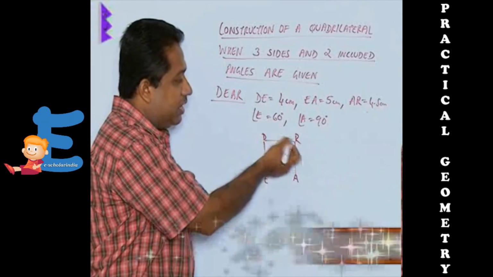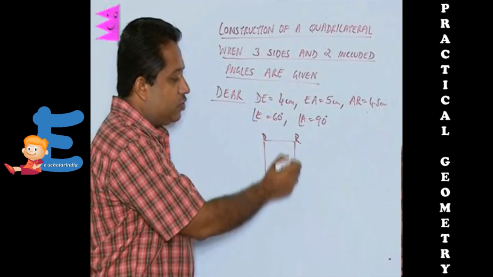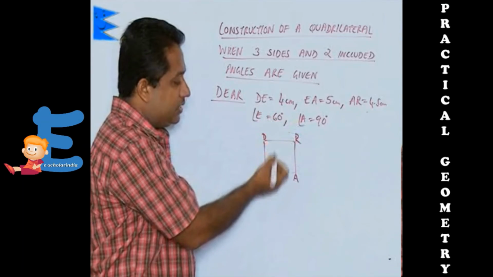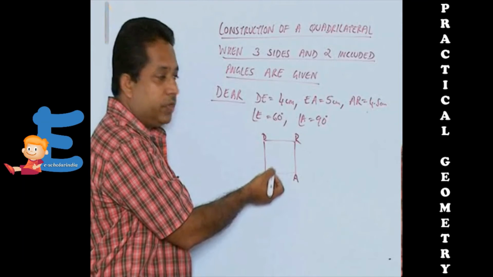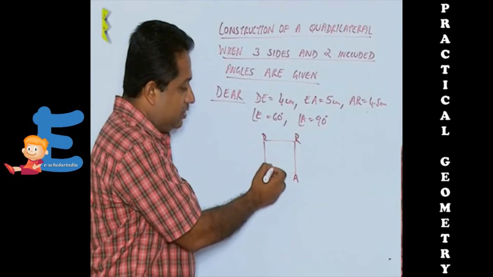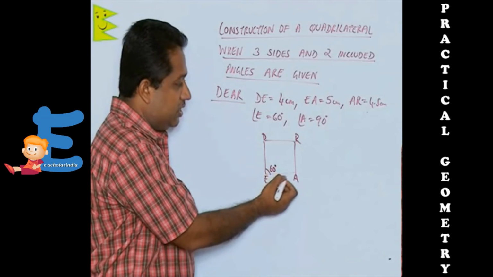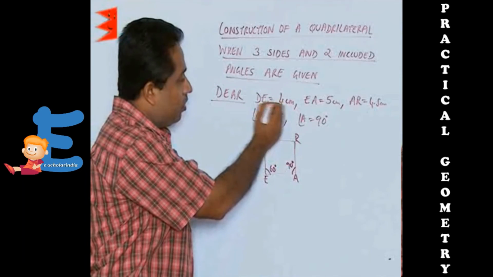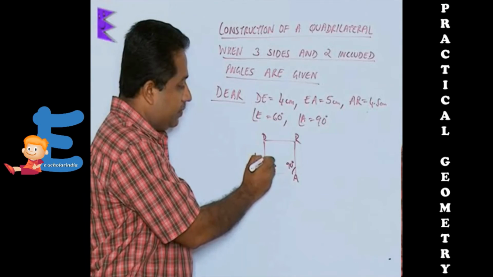We could have taken E and A on top also, but the easiest way to construct a quadrilateral will be with the base angles given. So if the base angles E and A are known, it is easy to construct. So here we get 60 here, angle A 90 degrees. The value of DE is given 4 centimeter.